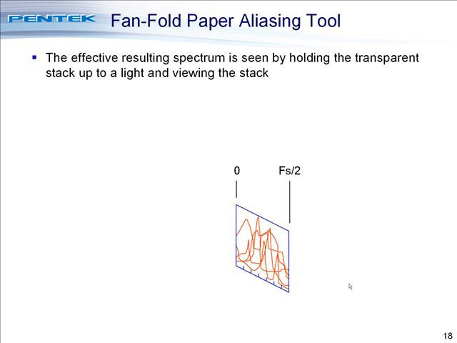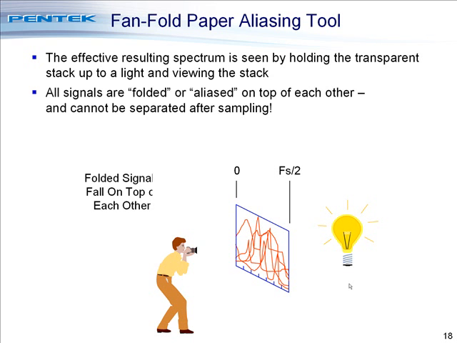The effective resulting spectrum after sampling is seen by holding this transparent stack up to a light and looking through the stack. What you see is that all of the Nyquist zones, that is, all of the pages of the fan-fold paper, have been superimposed upon each other. All the signals are, as we say, folded or aliased, and they can't be separated after the sampling.